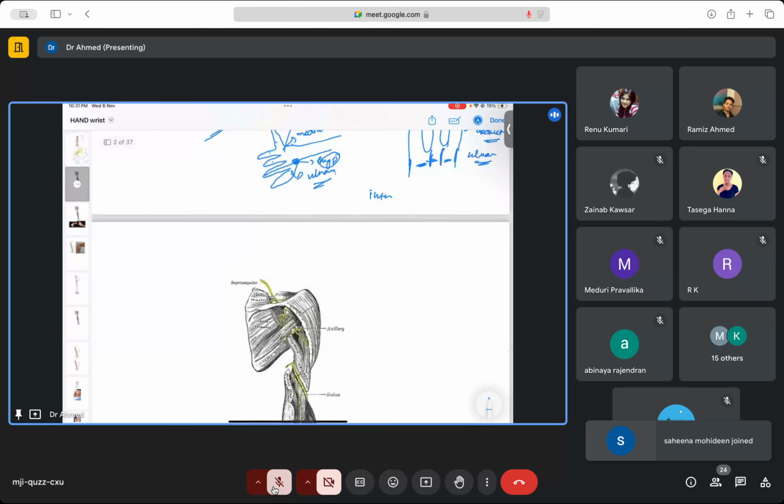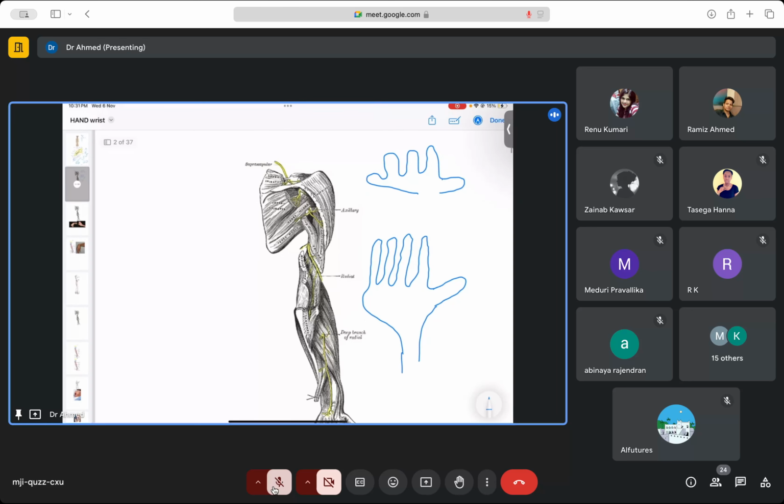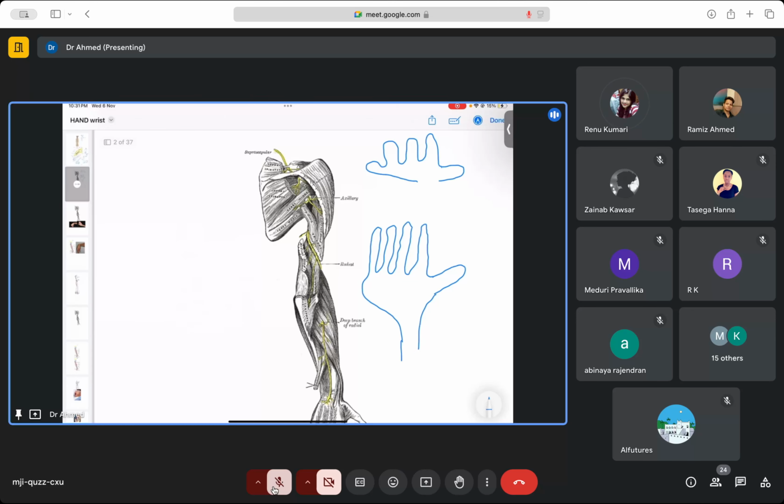Another thing, we will be discussing it in detail, but here let's cover it. This is your thumb, one, two, three, four, and five. You have lumbrical muscles, and lumbricals originate from the tendon of the flexor digitorum profundus muscle.